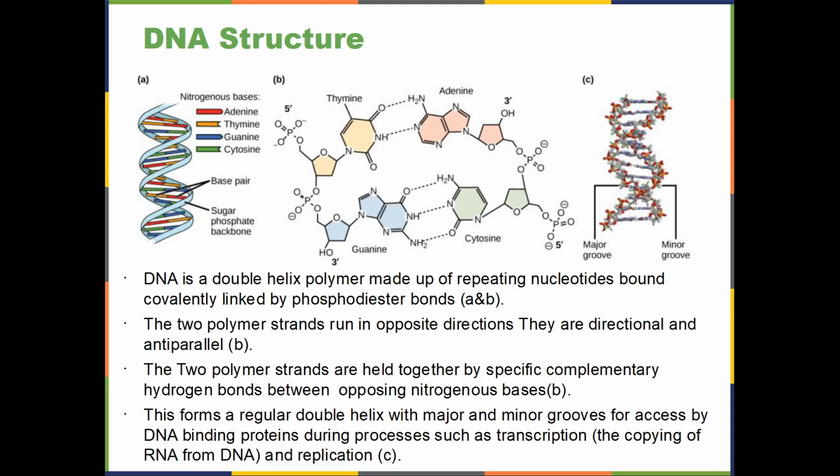Now I want you to notice something here. We look at the binding between the thymine and adenine in this picture. Right, notice there's only two bonds. The binding between guanine and cytosine are three bonds. There's a stronger bond between guanine and cytosine than there is between thymine and adenine.